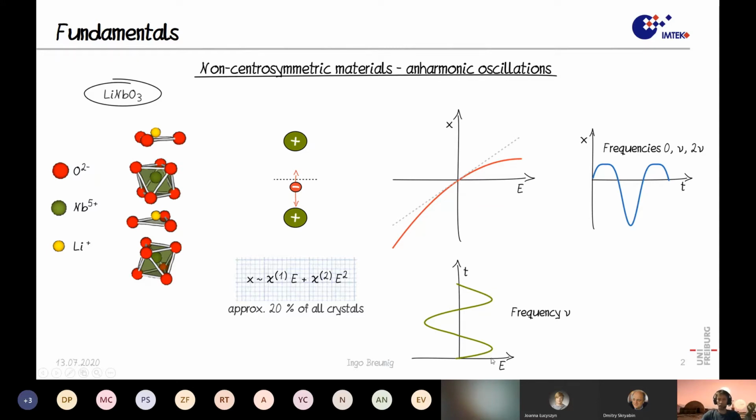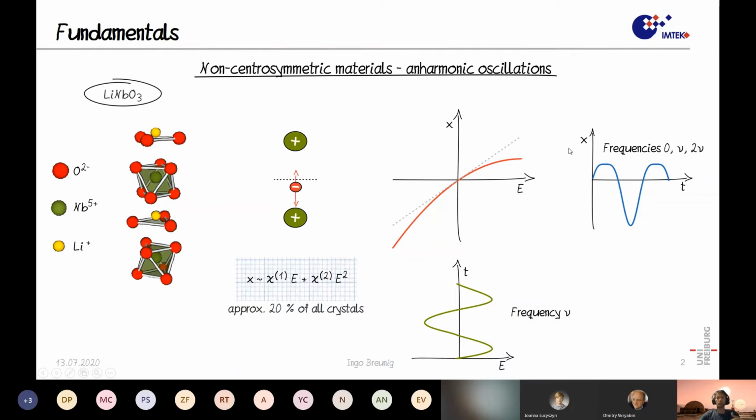If we come with an electric field that is a harmonic oscillation, comprising just one frequency component nu, and you bring this electron to oscillate, then you would see that the displacement is a little bit flattened at the top side here, right? If you Fourier transform this kind of strange function, then you get a DC term, which refers to optical rectification. Of course, you get something that oscillates with the frequency nu, and you get something additional that oscillates at frequency 2 times nu. So you have basically second harmonic generation.